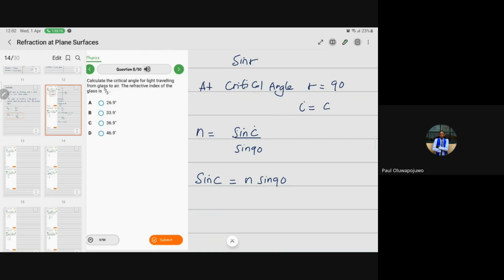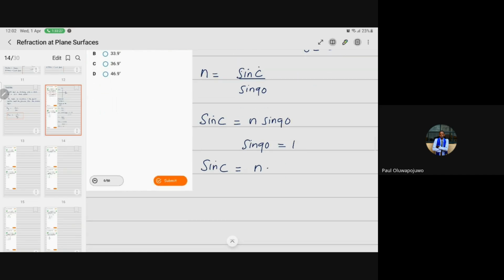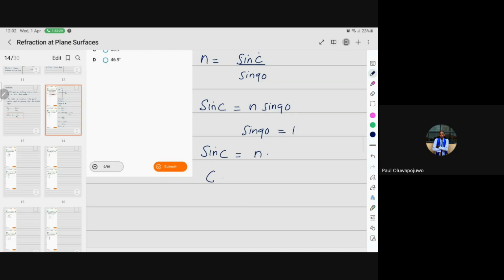Now, sine 90 is equal to 1. So sine C is equal to N. Now, you are looking for the critical angle C.